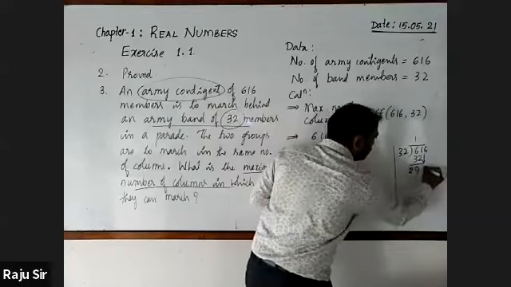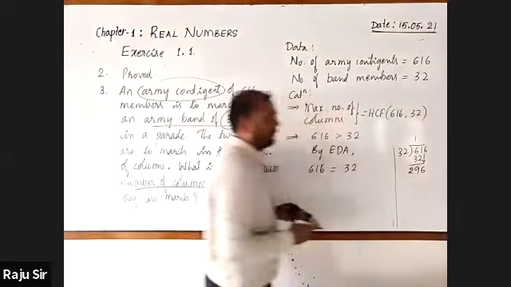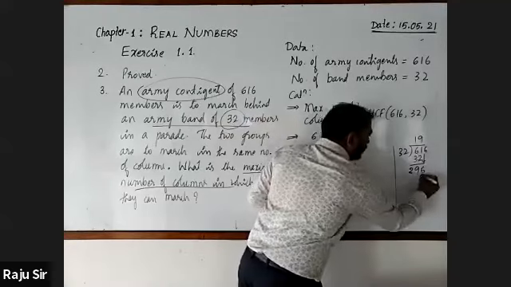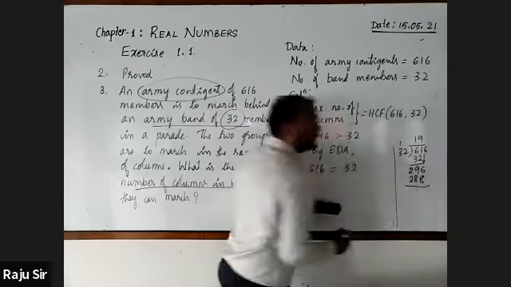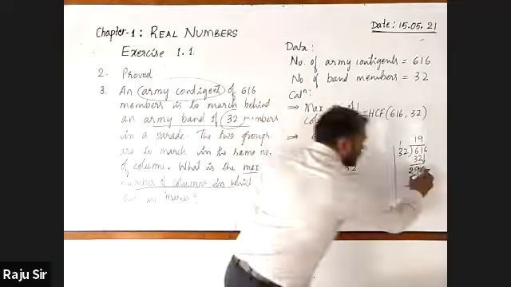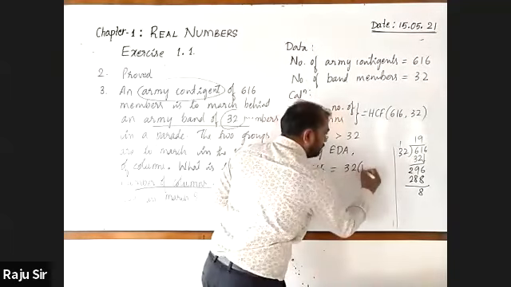Now carry down 6, 296. 32 nines are 288. 296 minus 288 gives remainder 8. Hope that you have got the same. Now we can write 616 as 32 times 19 plus 8.